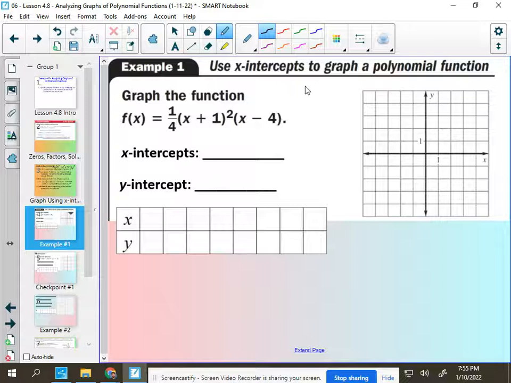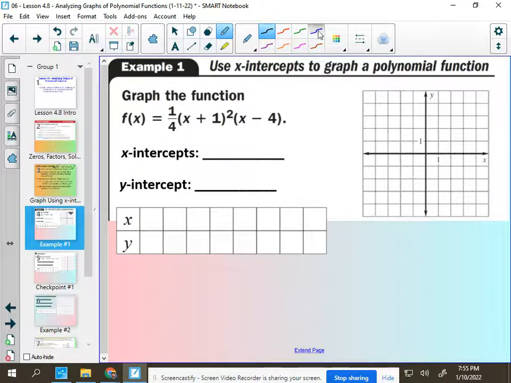So, graph the function. So the first big difference that we've seen, which I think ends up making things quite a bit easier, is it's already factored for us. So stuff that I'm going to do here is, all right, I see my leading coefficient is positive, whether it's a fraction, it doesn't matter. It's positive, and my total degree is 2 plus 1.